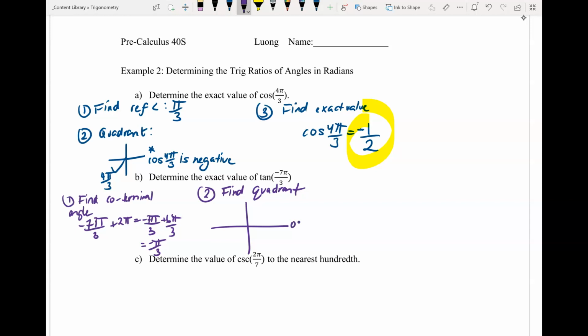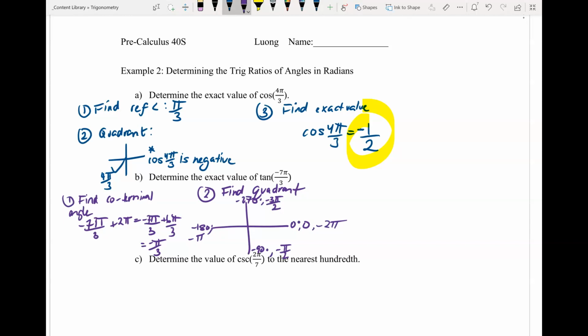So this would be 0 degrees, negative 90 degrees, negative 180 degrees, and that's what it would look like if we're going the negative side of things. But because we're in radians, I'm just going to write this in radians as well. So this would be negative pi over 2, negative pi, negative 3 pi over 2 equivalently, and then negative 2 pi.